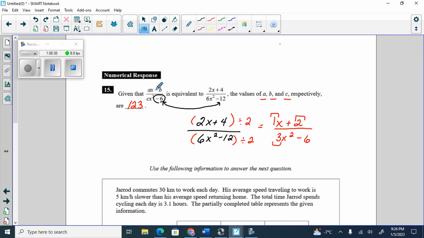Oh, this would actually be a plus sign. That's an oopsie. Or B would be negative, which is a problem.